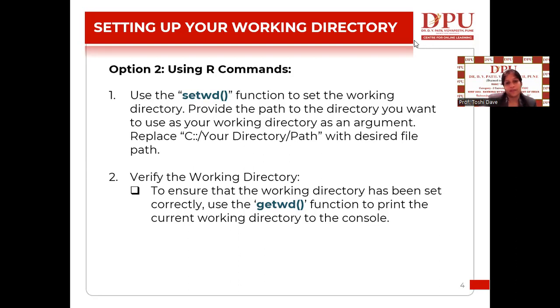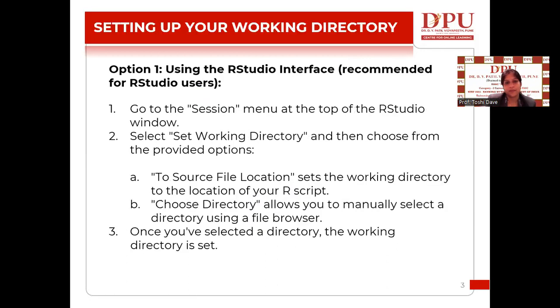Okay, option 1. Fine. So option 1 is using the Session tab. In the Session tab, you have to click on Set Working Directory. From there, you can click on Choose Directory, and based on that, you can go to that specific file or folder location where you want to store your R script.